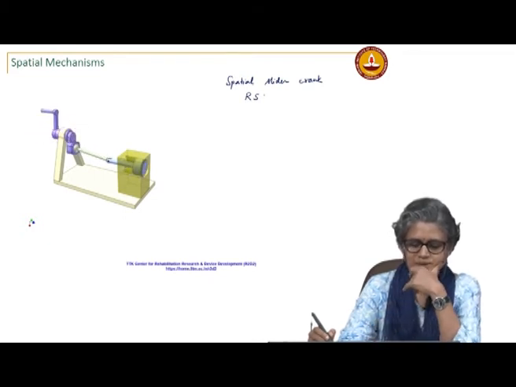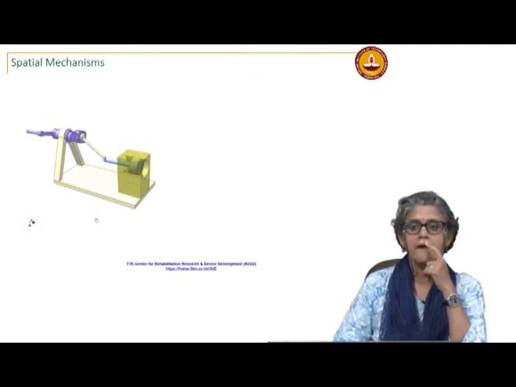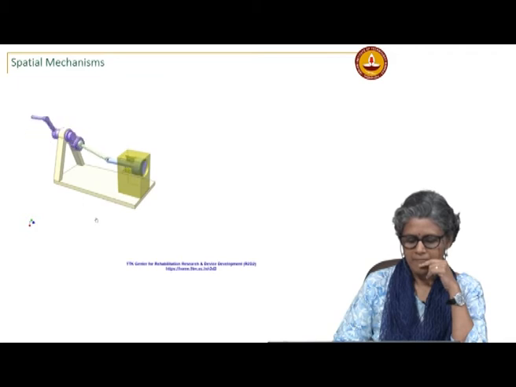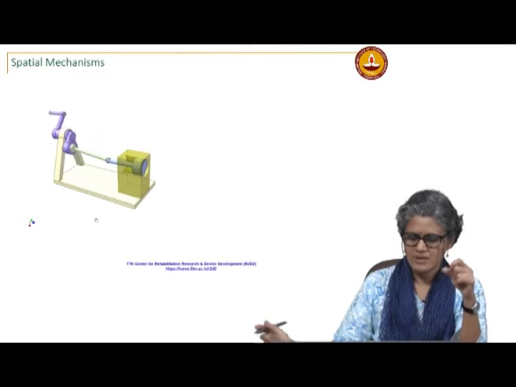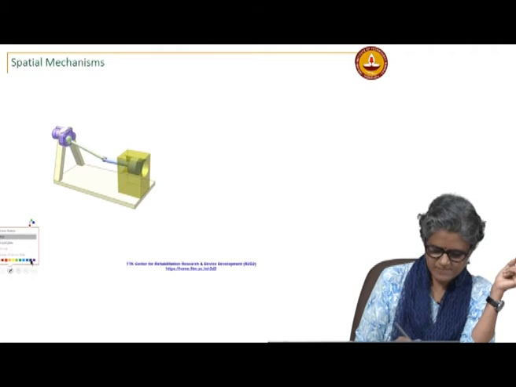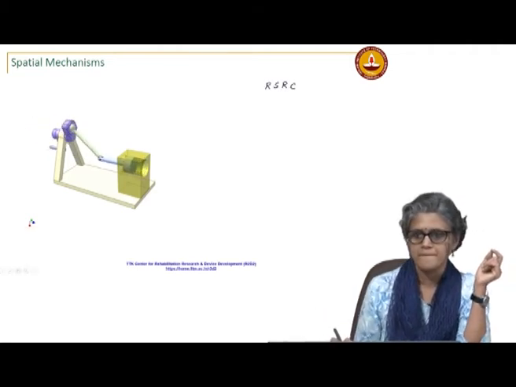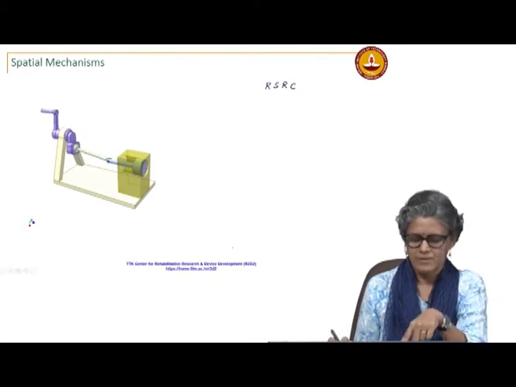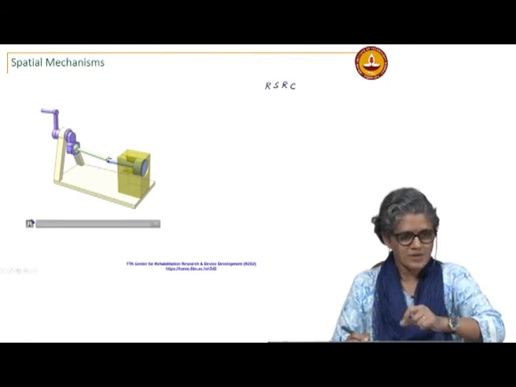look at what is happening there. Look at this, what is happening there. If you look at this side, then you can see what is happening with that. Look at this end. So, he is right, it is an RS RC. You can see this thing rotates and also slides.